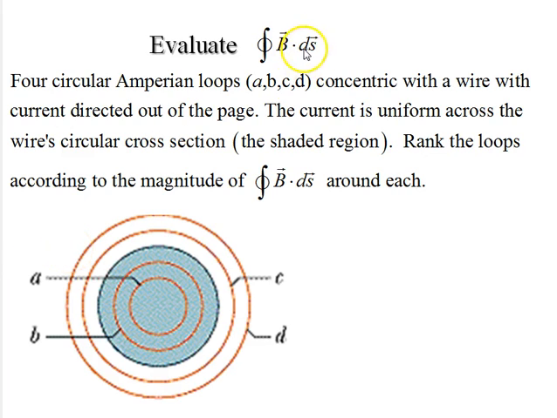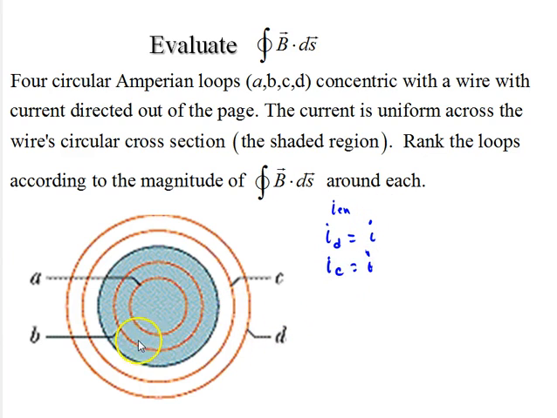And let's look at another quick check. We'll check evaluating our integral of B dot ds for when we're looking inside the wire. Again, we're comparing our I encircled. Our I encircled for loop D, we've encircled our entire current. So our I_D is going to be equal to I_C. The B dot ds is going to yield the same I. So our magnetic field we know will be less out here at D, but the closed integral of ds will be greater. So the closed integral of B dot ds for loop D and loop C is the same.